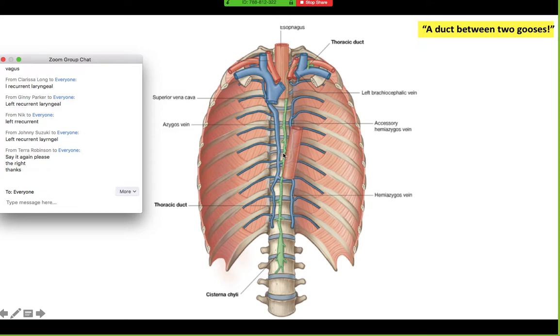Hopefully, if you see something and have no idea what it is, and you remember this, that if they do tag the thoracic duct, you'll remember it. Okay, so where is the thoracic duct draining?